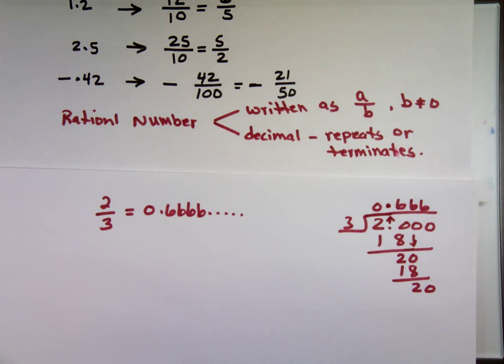Are there numbers that don't repeat or terminate? Absolutely. These are called irrational numbers.